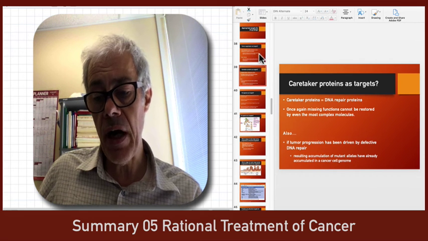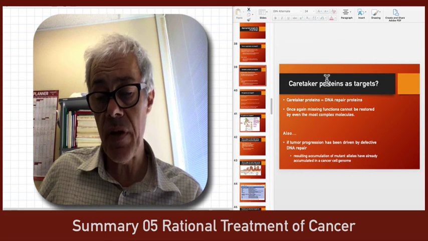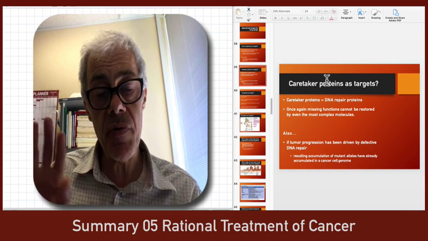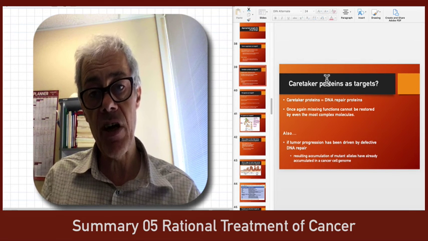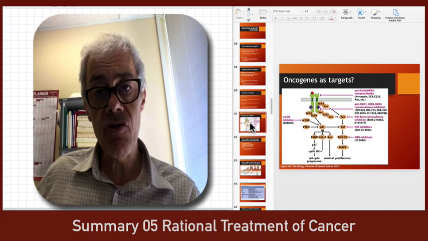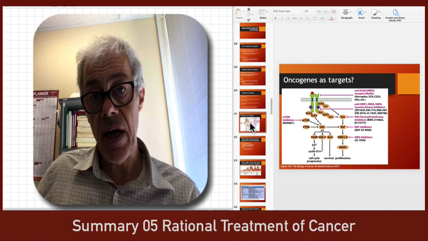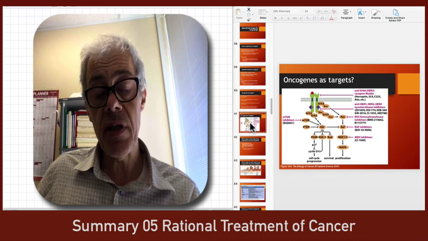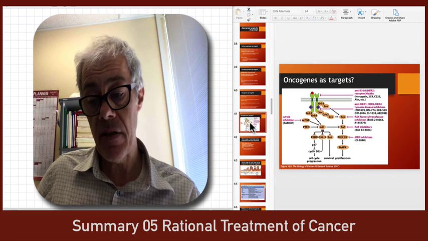And then we start to look at what I've already talked about: what sort of things do you want to target in the cells? Are they druggable? Are they good targets? And we went through those discussions. What is druggable and what is a good target are some oncoproteins, particularly oncoproteins that have kinase domains.